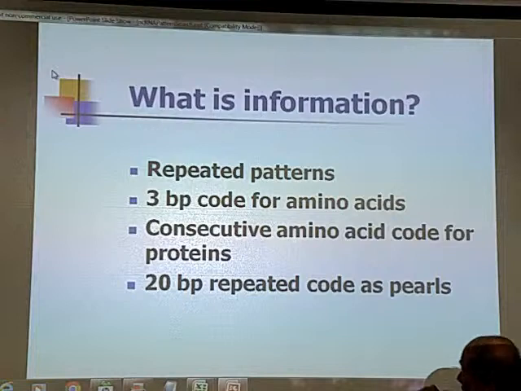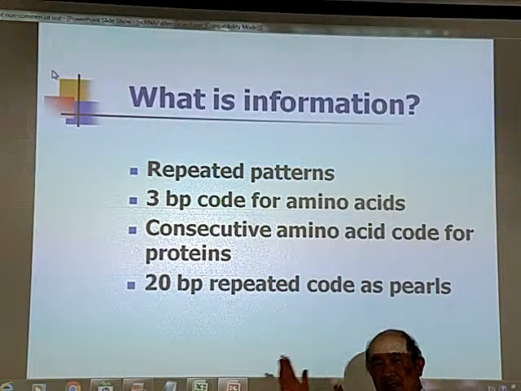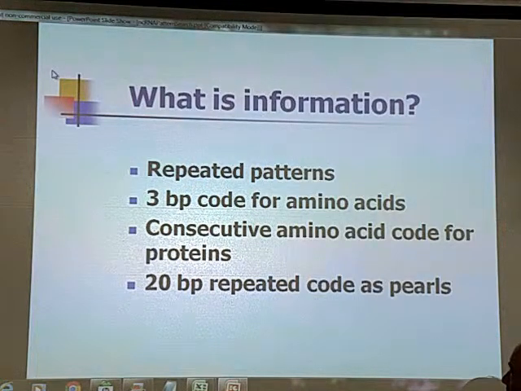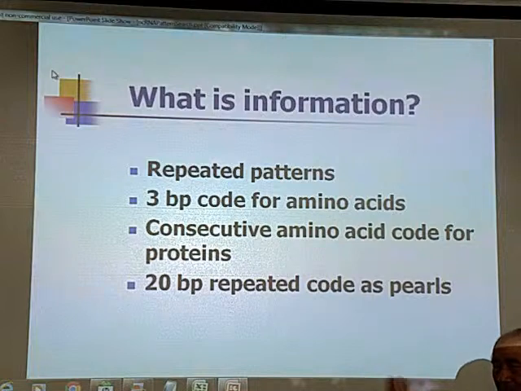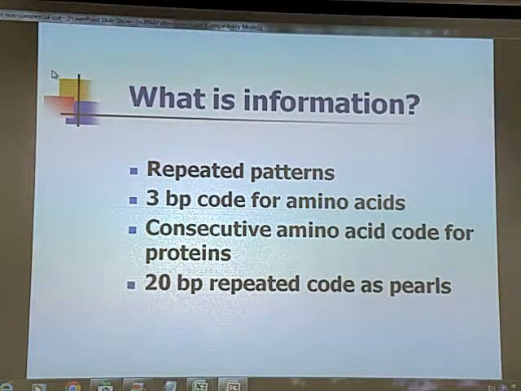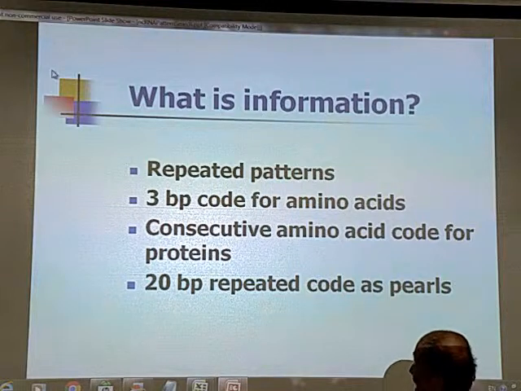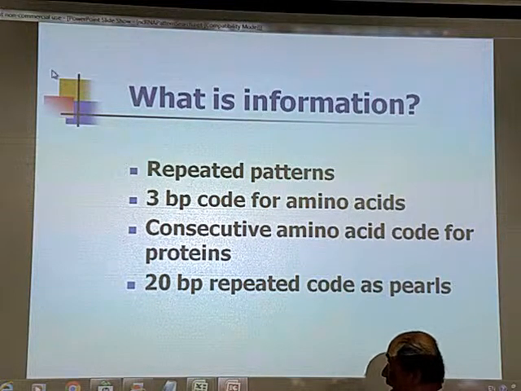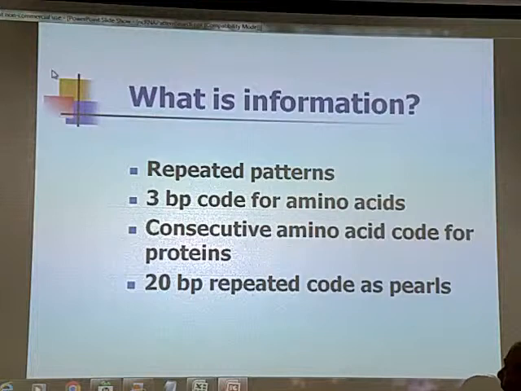And we also know that lots of these three base pair codes form consecutive information to build proteins. So these are the coding DNA we understand. But outside of the protein, we knew very little.